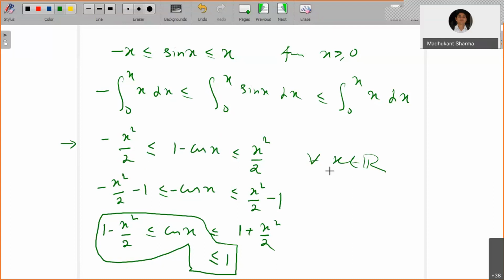Whenever x is less than 0 or greater than 0, you have to look at it carefully: left hand limit and right hand limit. When x is less than 0, this inequality will change, and when x is greater than 0, this inequality will remain the same. You need to be careful. You can apply the squeeze theorem, not a problem.